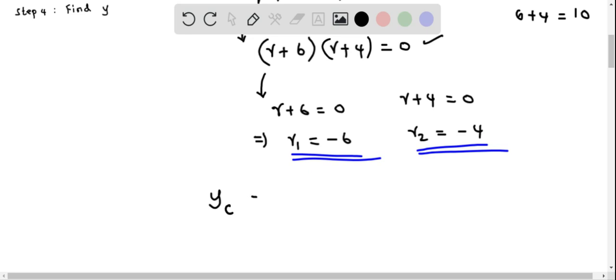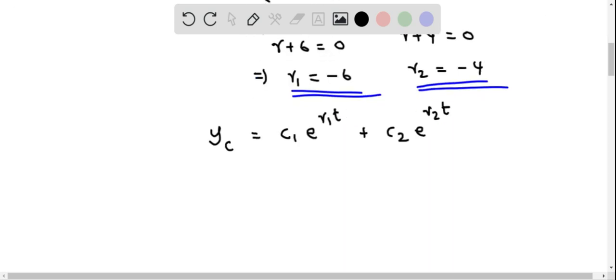So we write down yc, and the general form is a constant c1 times e raised to the power of r1t plus another constant c2 times e raised to the power of r2t.